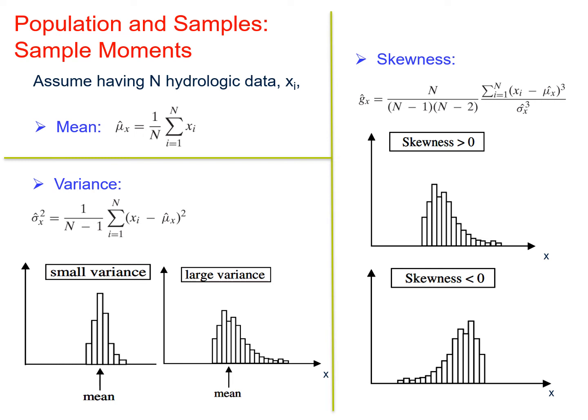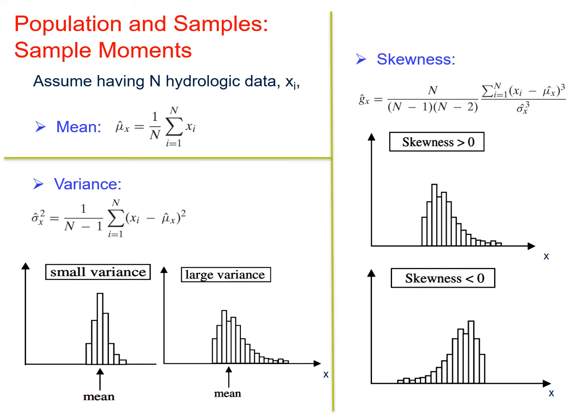When we say population, that means every single available potential data point you need to take, whereas when you take samples, it means only some of the values. All the hydrological data that we get are samples.